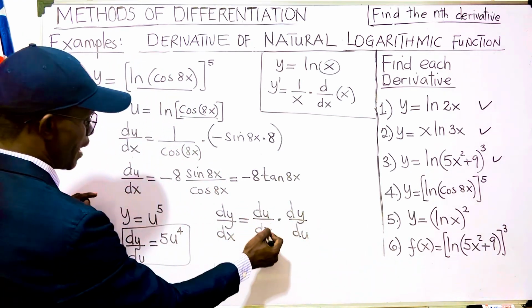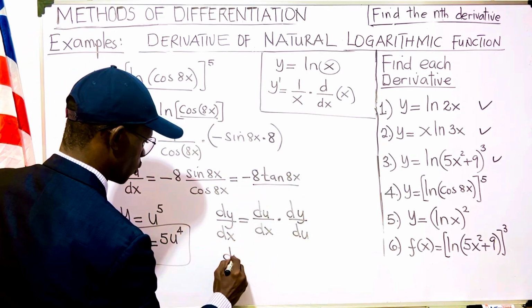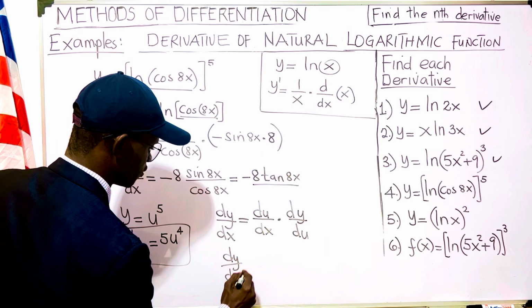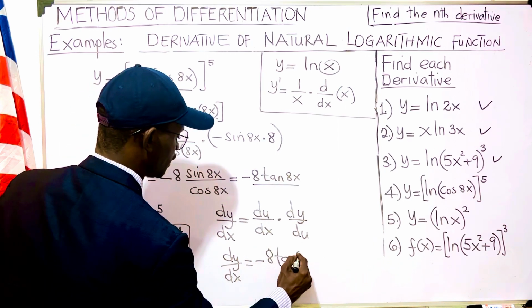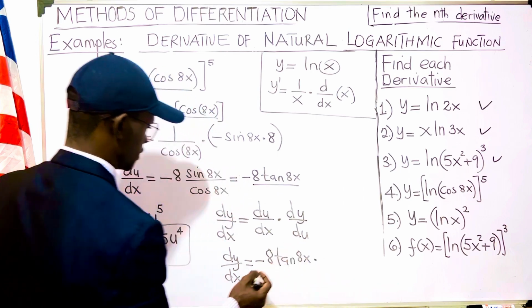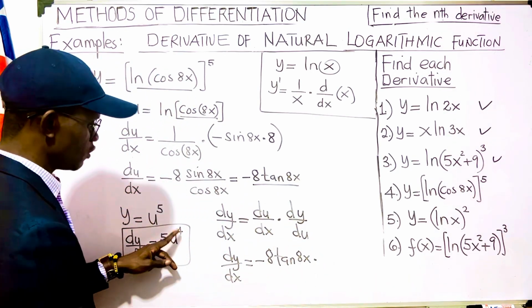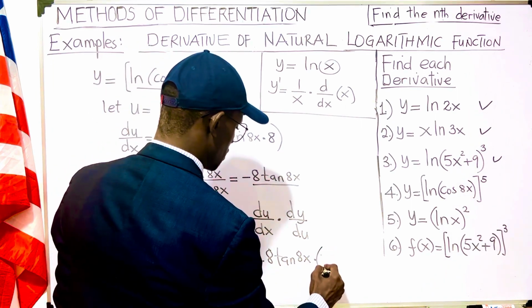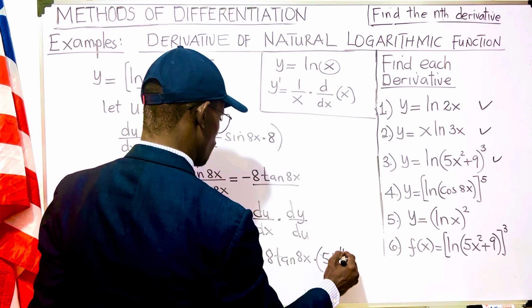So dy by dx is negative 8 tangent of 8x times 5u to the 4th power.